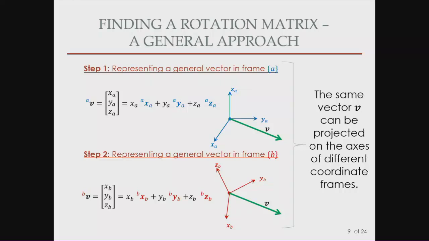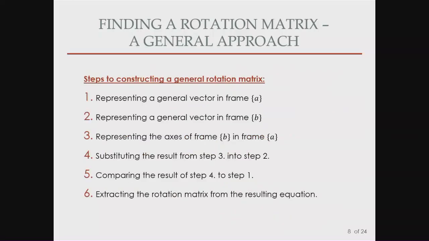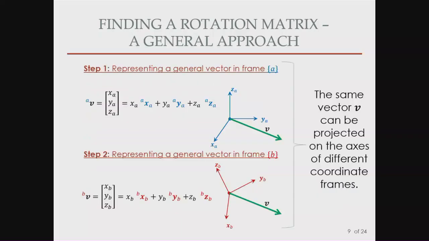What's the next step? The next step is representing the axis of frame B in frame A, right? This is what we did here, right? This step. So I'm taking, say, XB, YB, and also I need to do the ZB thing.